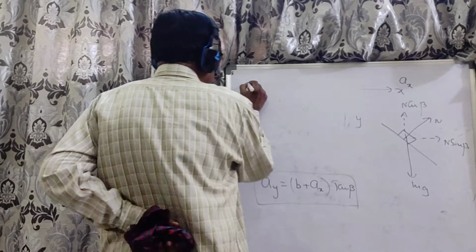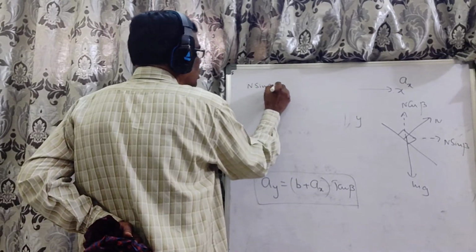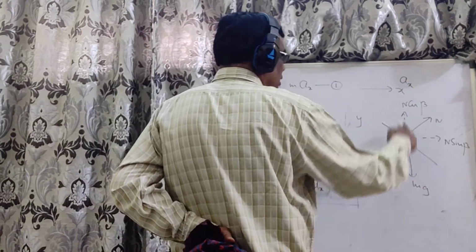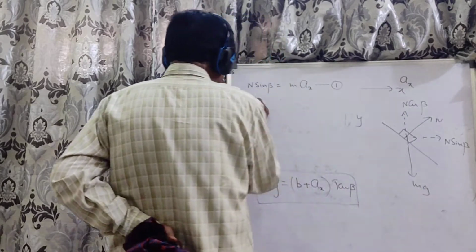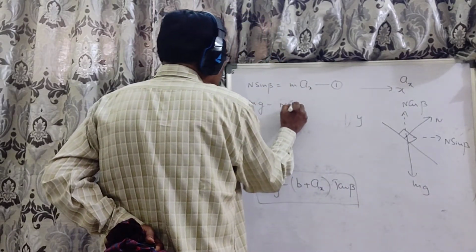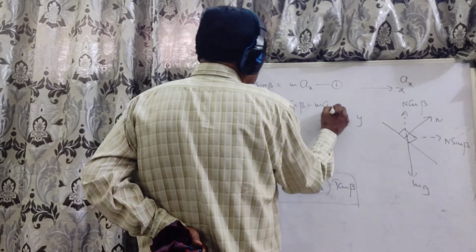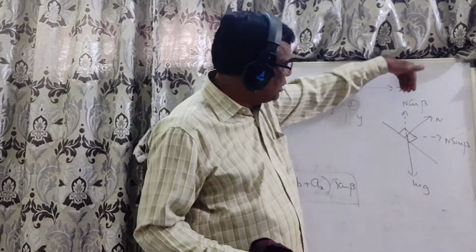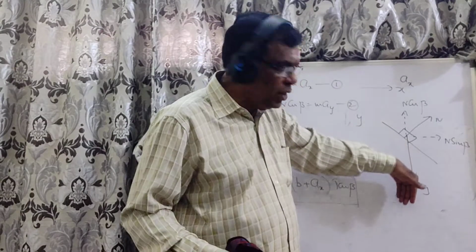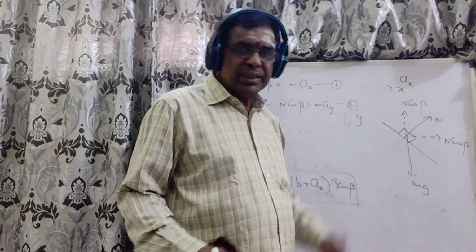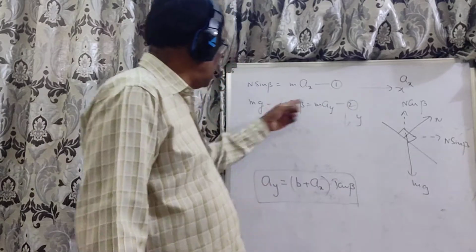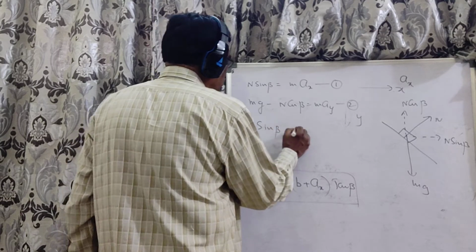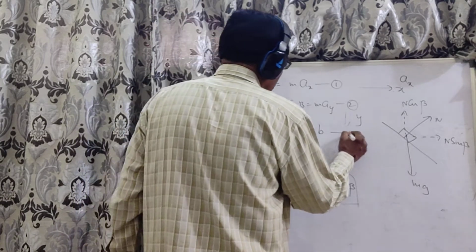N sin beta is Mx, and in this direction it is going down, therefore mg minus N cos beta is equal to may. Be careful, we have got ax like this, ay like this. So in the ay you have mg opposite N cos beta. Therefore, I have written the second. Third equation remains the same: N sin beta is equal to MB.